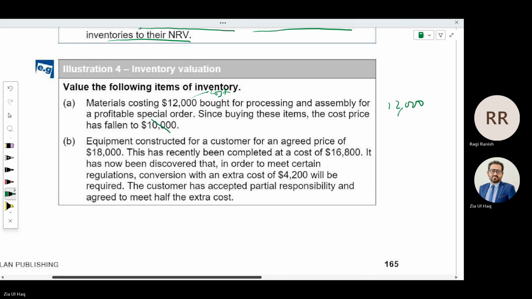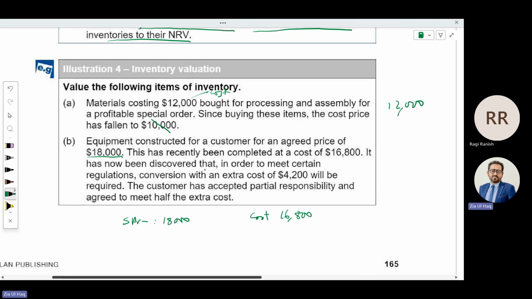Part B. Equipment constructed for a customer for an agreed price of 18,000. This is a selling price, 18,000, that you agreed with the customer. This has recently been completed at a cost of 16,800.